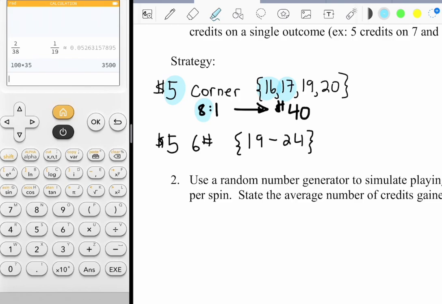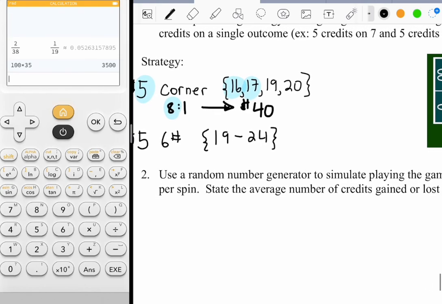Now, another layer to this. If I win one bet, it's possible that I lost the other. So I have $40. Let's say for example the numbers 16 and 17 come up.